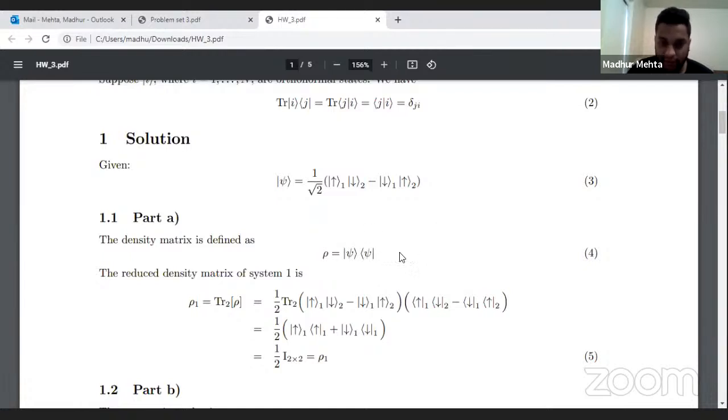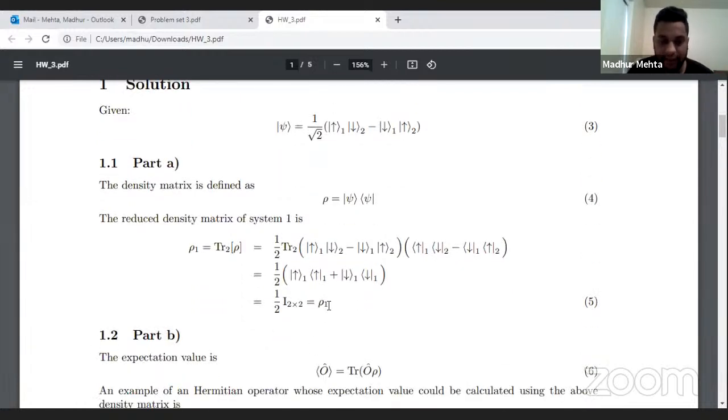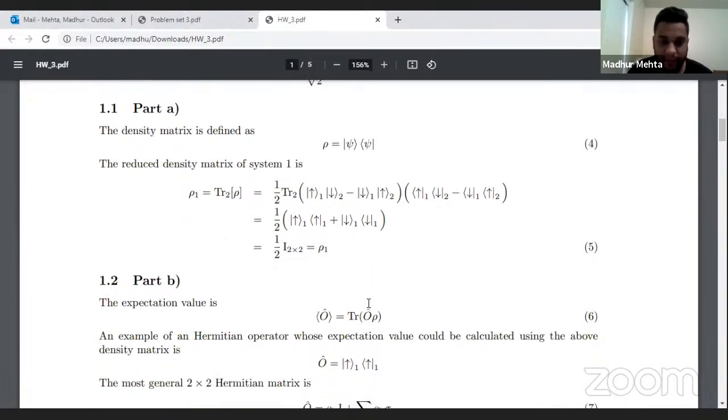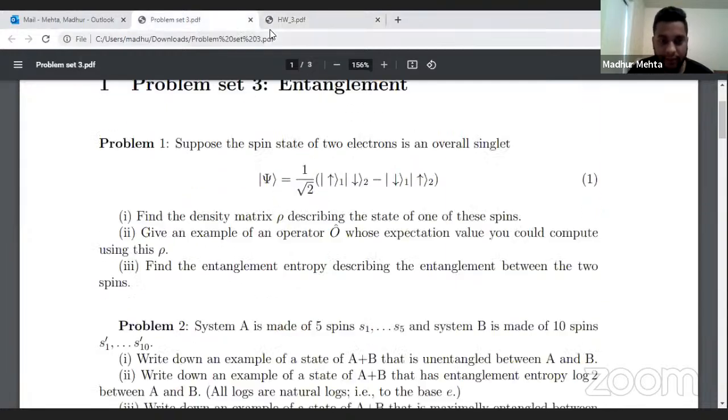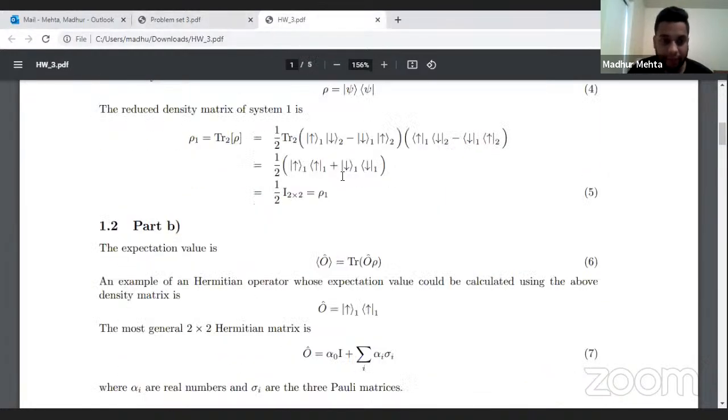We get the total density matrix, and then we trace out the second spin. So we get this, and hence the density matrix is identity 2 cross 2 divided by 2. This solves the first part of the problem.